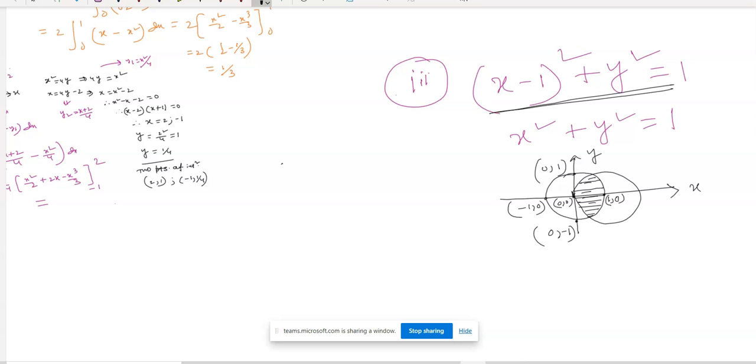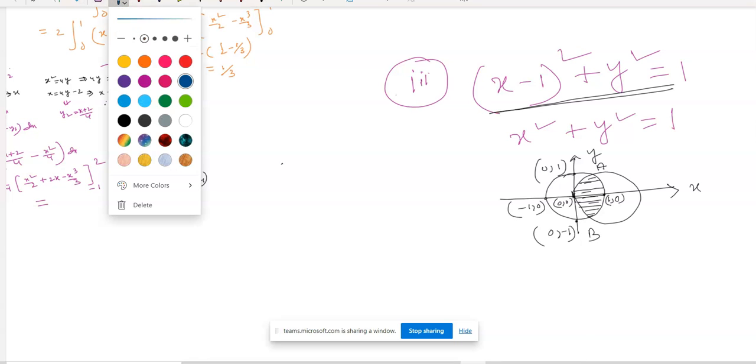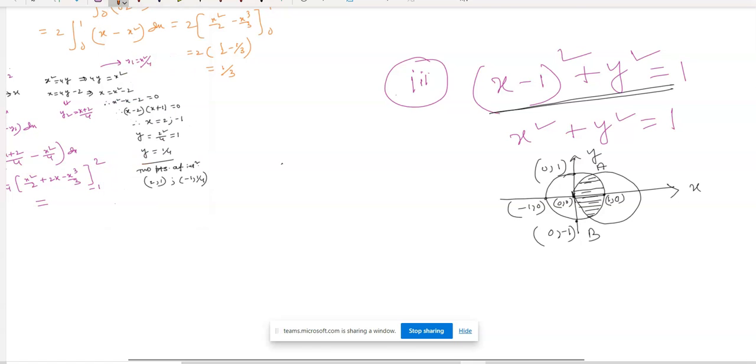But before we solve the problem here, we can see the y2 minus y1 concept will not be applicable here, because if we divide the region into parts, we can see that this left part area is made by the second curve.